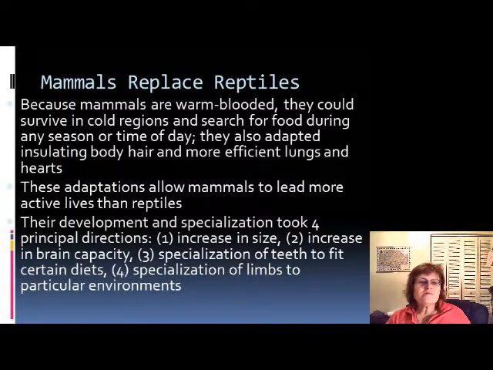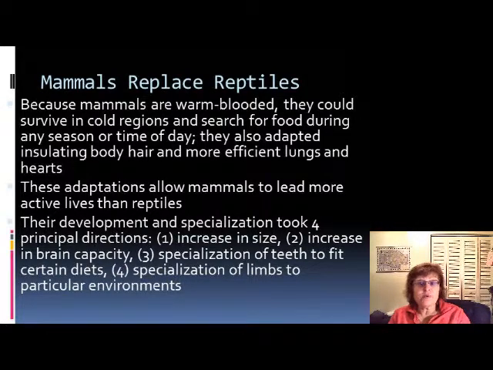As I already told you, the mammals replaced the reptiles because mammals are warm-blooded, whereas reptiles are cold-blooded. They could adapt to colder environments, and they could search for food during any season or any time of the day. They also adopted insulating body hair and more efficient lungs and hearts.